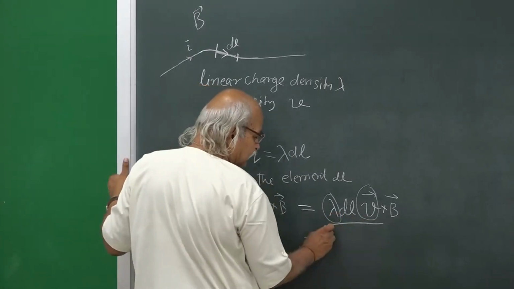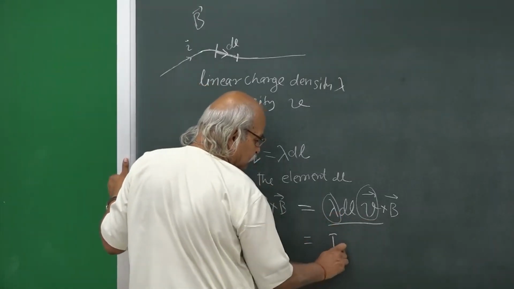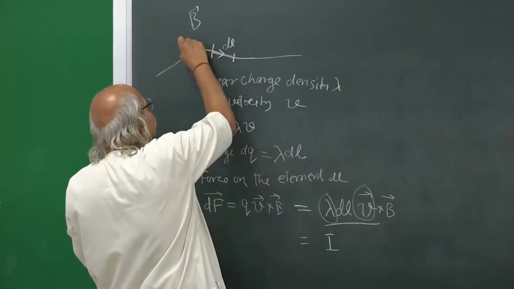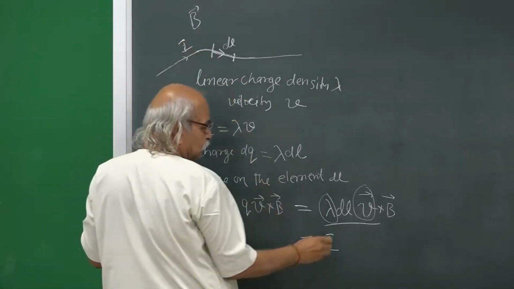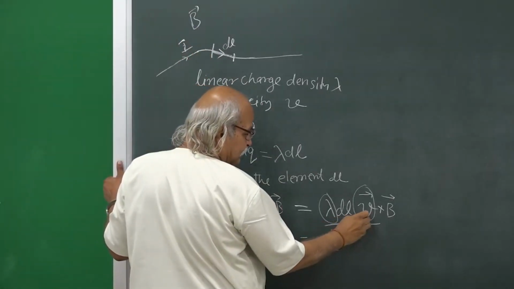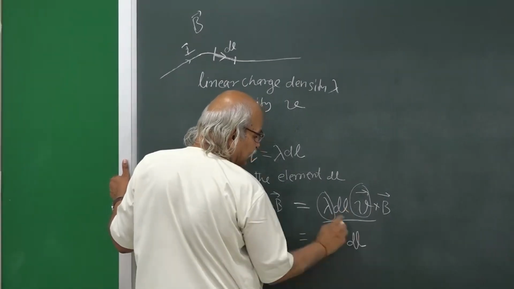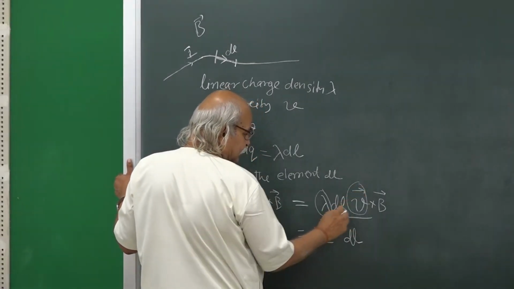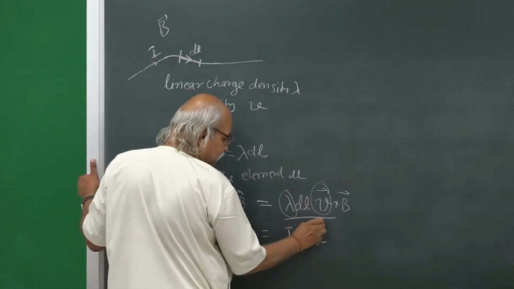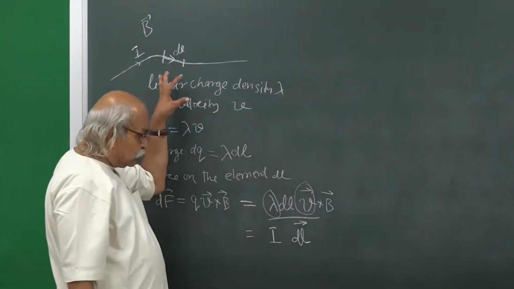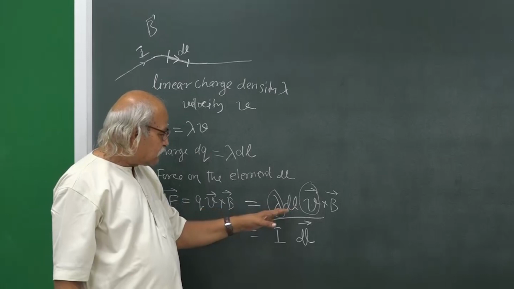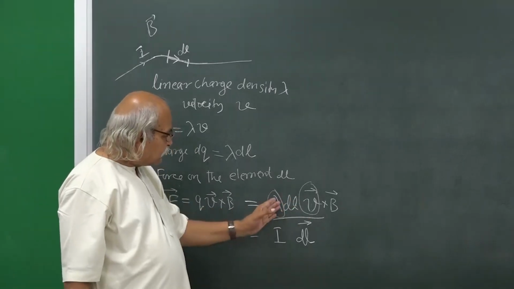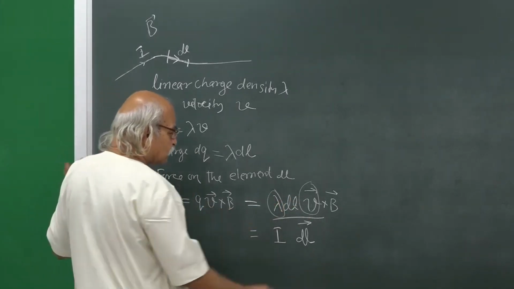So, we write I dl, and the direction of velocity is the direction of dl, that is, we are assuming positive charge, but if it is not positive, it does not matter, the same equation will work with lambda negative, and cross B.